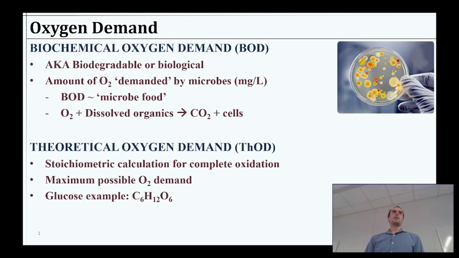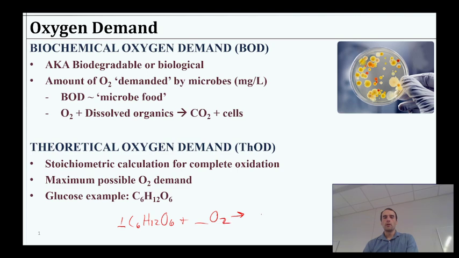Now, we can take a look at the theoretical oxygen demand if we know exactly the kinds of chemicals we're dealing with. So if we knew that our wastewater was completely filled up with glucose, then we could calculate the absolute maximum oxygen demand that could be possible by saying, okay, well, let's say we have one glucose molecule, and do some stoichiometry here, and we're going to oxidize that with some amount of O2.